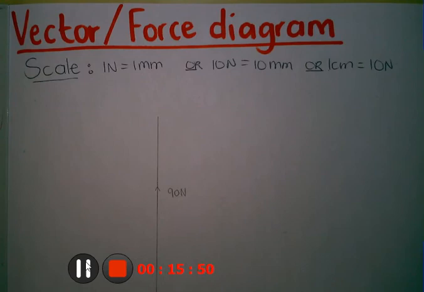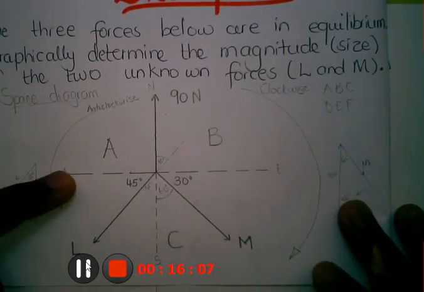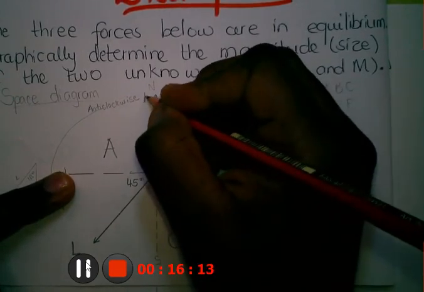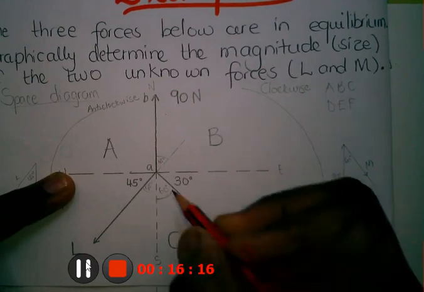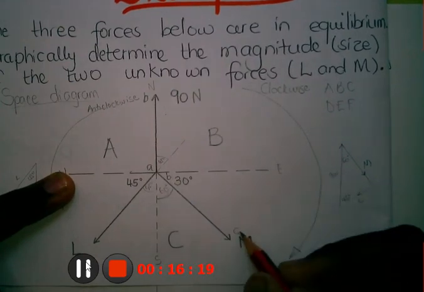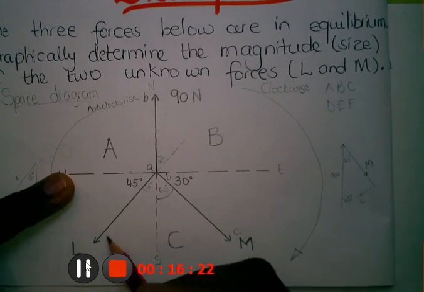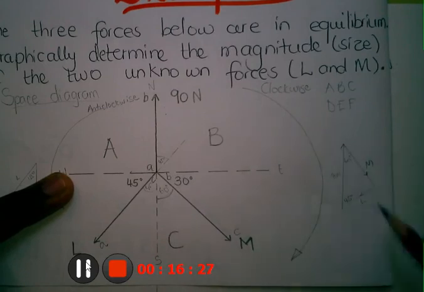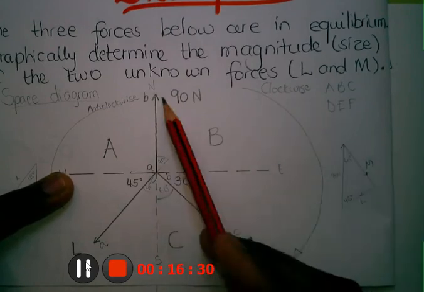Now if you look back on our space diagram, you will see that your line 90 is AB. M will be BC, and then L will be CA, moving clockwise.